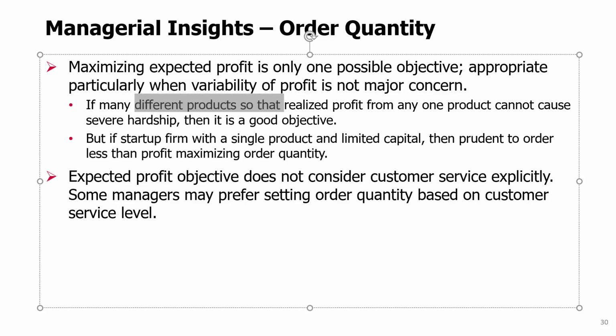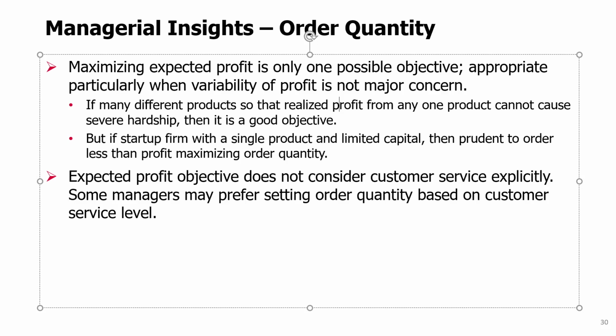If you have a lot of products for which you try to choose order quantities, and you choose the order quantity that maximizes expected profit for each, then some products will get higher profit and others lower, but on average you will get a profit almost the same as the sum of expected profits from those products. So this is a good objective.